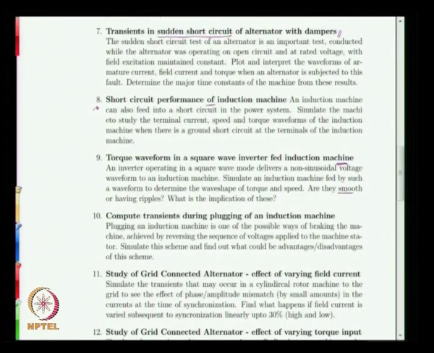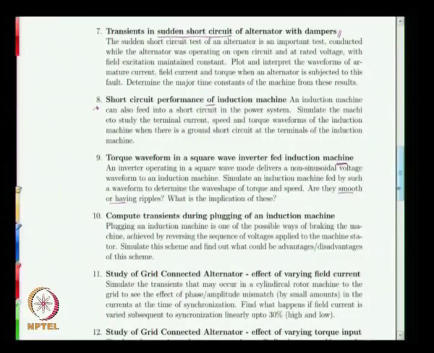Does it have a smooth electromagnetic torque, smooth speed, or are there ripples? Why are there ripples? What is the frequency of the ripples? All this can be seen and related to the inverter switching action in this assignment.